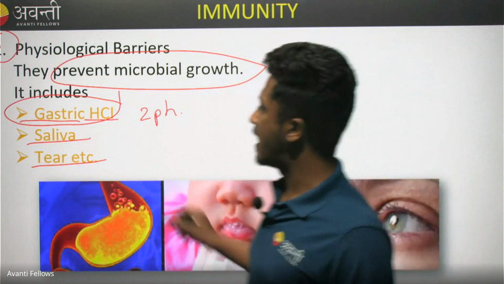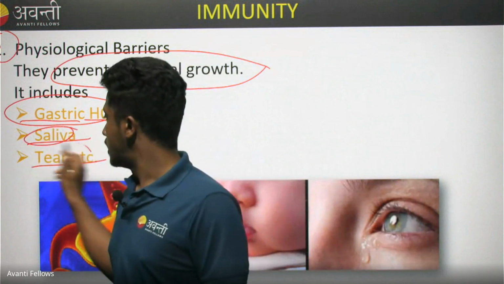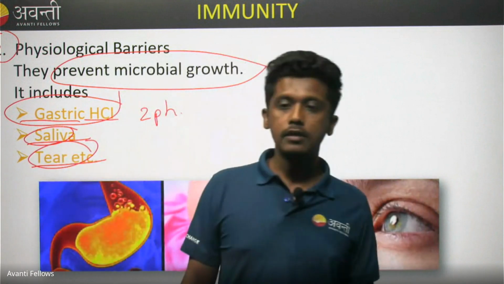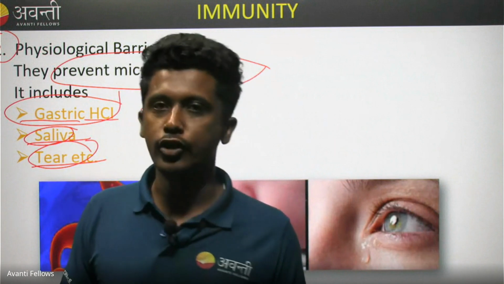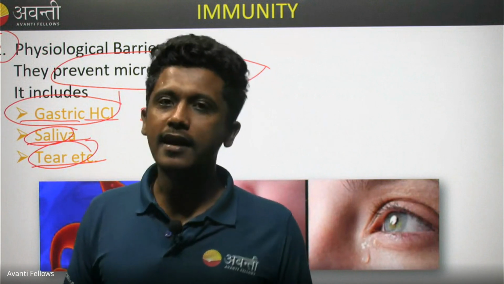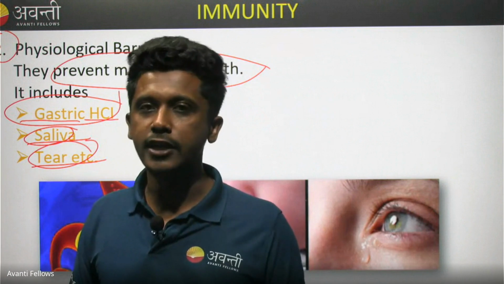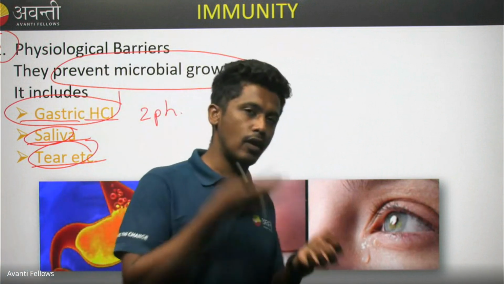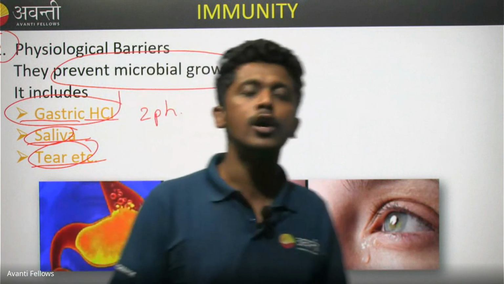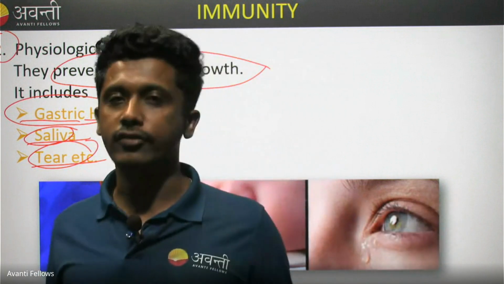And the next ones are saliva and tears. Saliva contains lysozyme enzymes that are antimicrobial in nature. These lysozyme enzymes do not digest the tissues within your mouth because your mouth, oral cavity, and esophagus are very well covered by mucus.